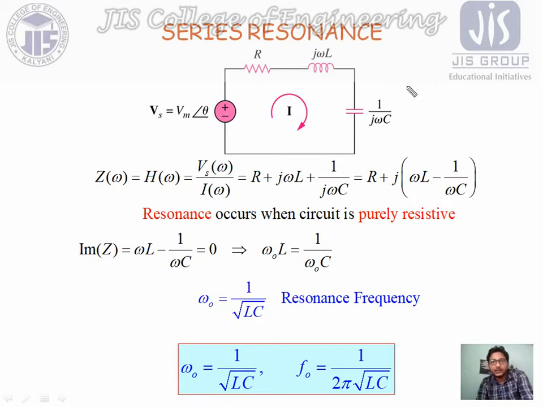By simple KVL, you can write I into R plus I into j omega L plus I into 1 by j omega C, and minus of Vs, which is Vm angle theta, equals 0.